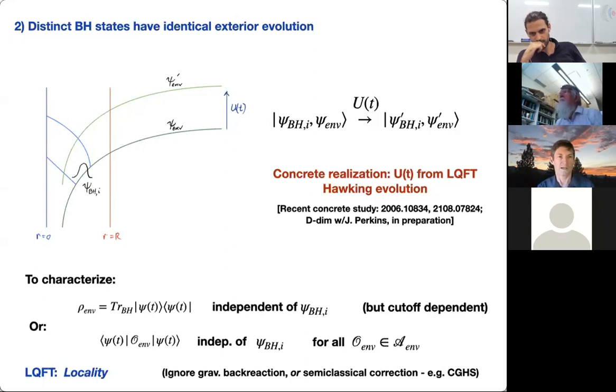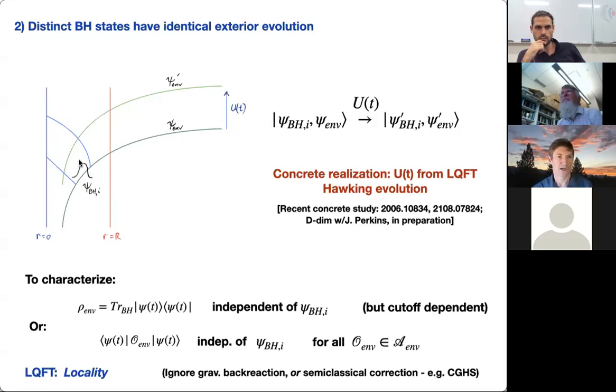Okay, so this set of statements can be made more generally, but in local quantum field theory, this exterior evolution being identical is guaranteed by the property of locality. That's what's telling you that these excitations don't get outside the light cones.